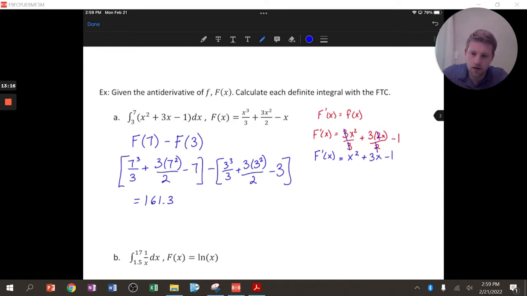Written as an improper fraction, 161 with 3 repeating would be 484 over 3. So there's our exact result, and then a decimal approximation, 161.3, would be the area underneath the curve.